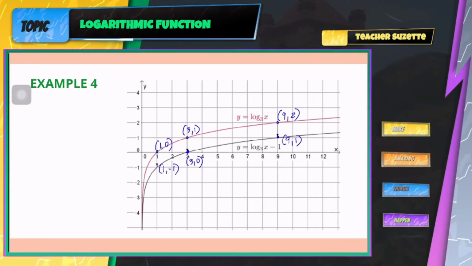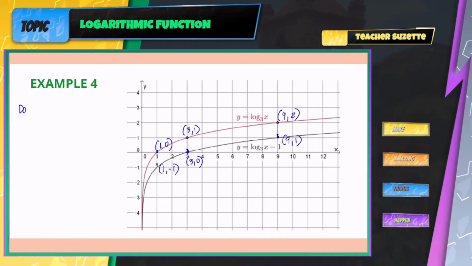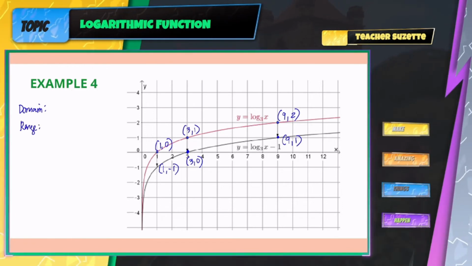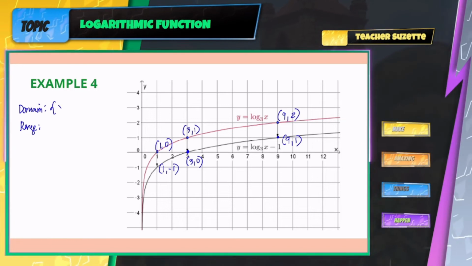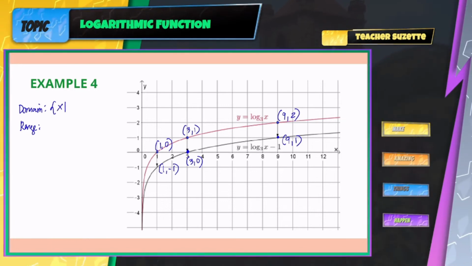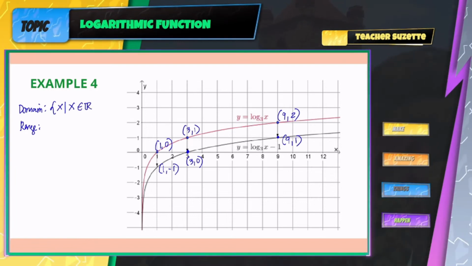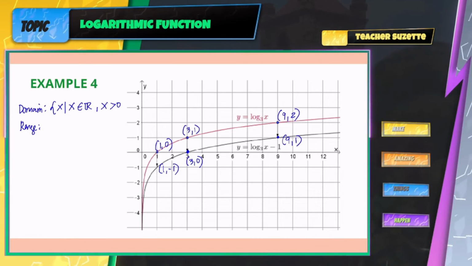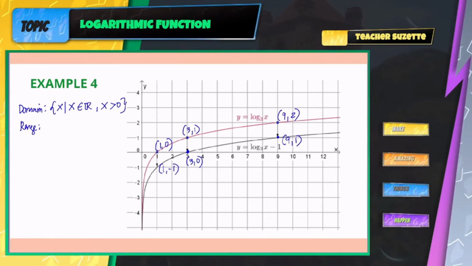So, this time, let's analyze the graph. First, let's identify its domain and range. Again, just by looking at the graph, obviously, we can say that the domain of our graph is the element of a real number such that x is greater than 0, or in short, all positive real numbers.